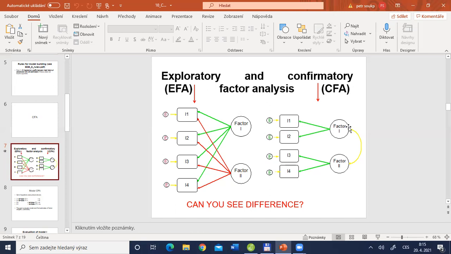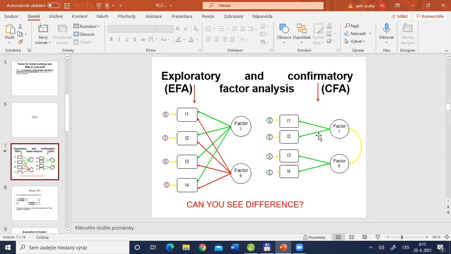And maybe, due to correlation between these factors, so by some oblique rotation, I also discovered that there could be a relationship between these two factors. So here I have quite a precise idea: two items closely related to one factor and two items to the second factor, and also a relationship between these two factors. So correlation or covariance is present here.